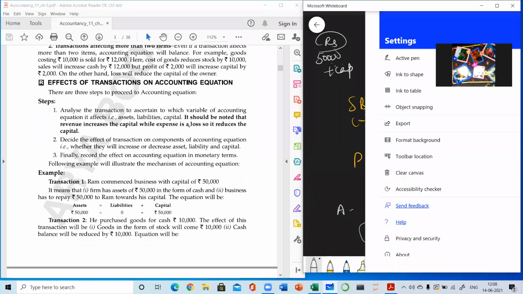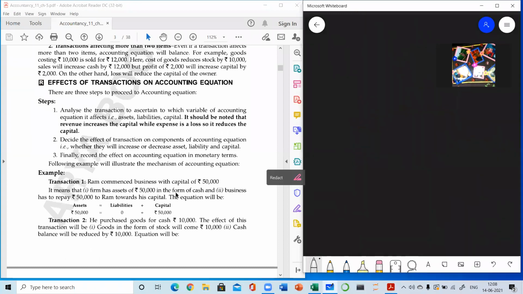For example, here you can see in example number 1, Ram commenced business with capital of rupees 50,000. Commenced business means Ram is the proprietor and he has started the business by investing rupees 50,000. So this will be the first transaction in every question of this chapter. Okay, first transaction of every question.